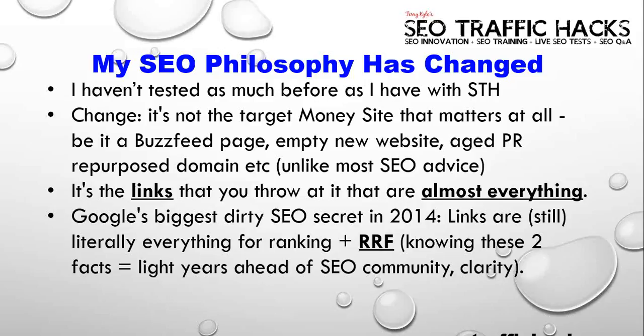But in SEO Traffic Hacks, we know that you actually probably don't need any of those things. It's really probably just Google's random ranking factor working against that particular site. And even just having the knowledge of that working against you gives us a great opportunity to counter it in our whole strategy.